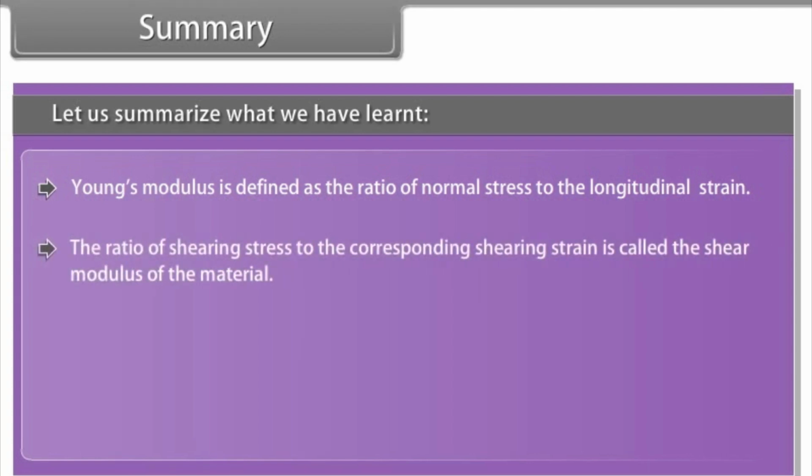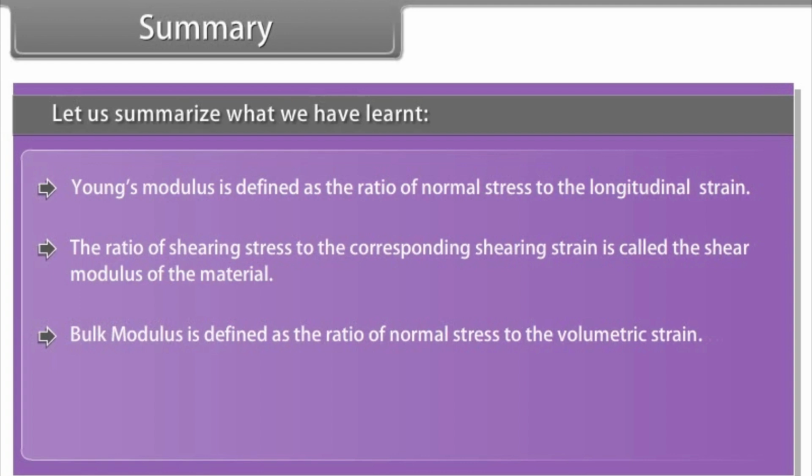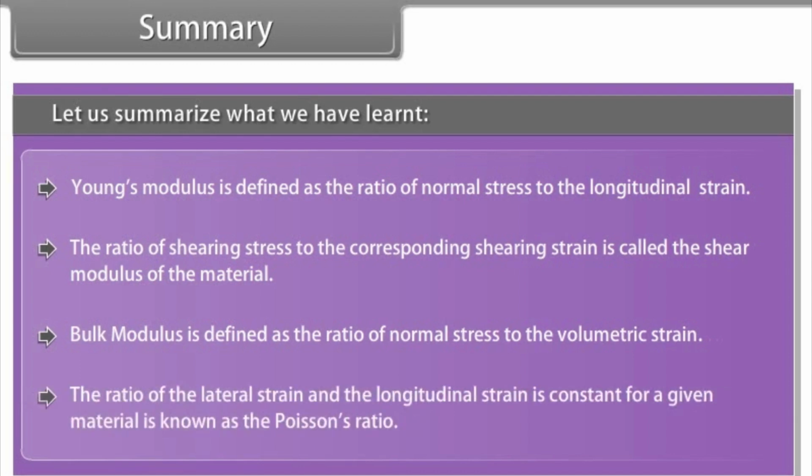The ratio of shearing stress to the corresponding shearing strain is called the shear modulus of the material. Bulk modulus is defined as the ratio of normal stress to the volumetric strain. The ratio of the lateral strain and the longitudinal strain, which is constant for a given material, is known as the Poisson's ratio.